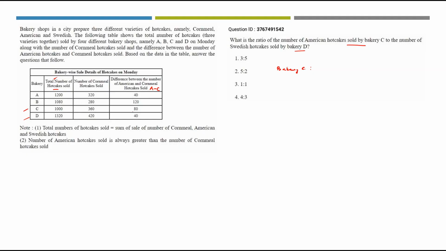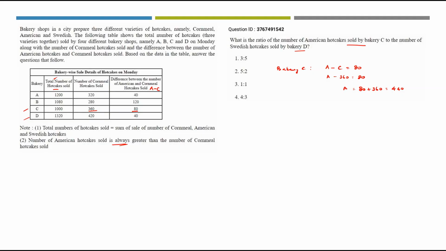The difference is given as 80 here. So this will be American minus cornmeal, which is equal to 80, because American hotcakes sold are always greater than cornmeal hotcakes sold. Now we know the number of cornmeal hotcakes sold, which is 360 here. So A minus 360 is equal to 80. A is equal to 80 plus 360, which will give you the count of 440.